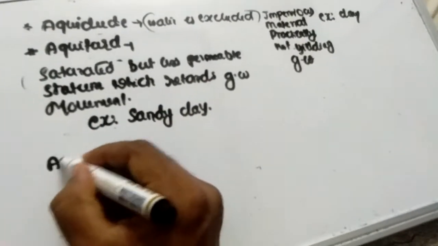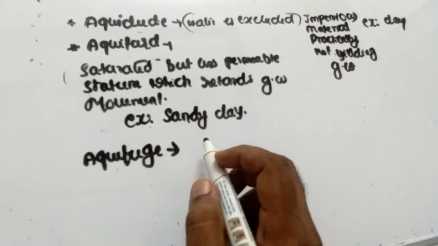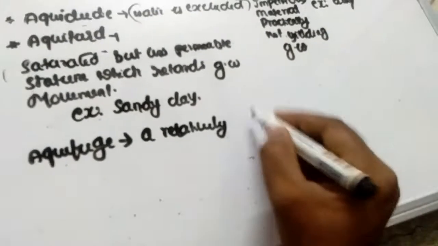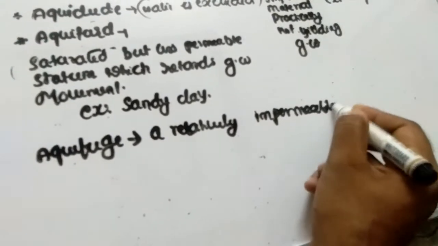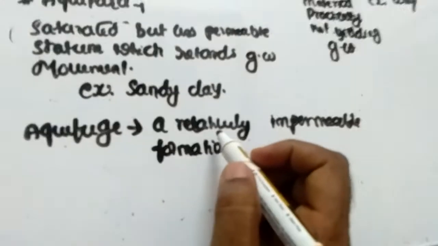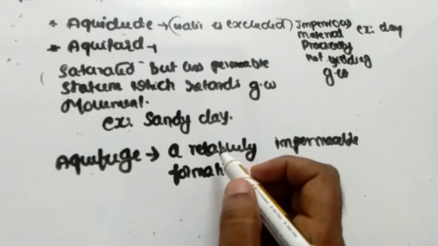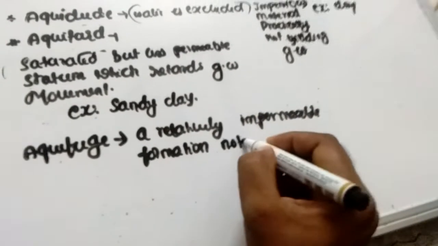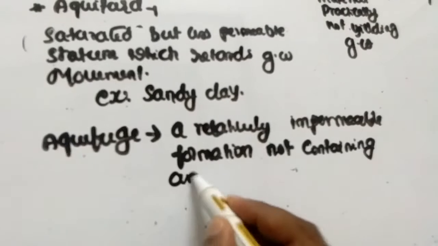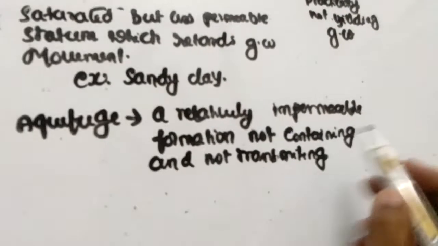Next is aquifuge. This is a relatively impermeable formation, not containing and not transmitting water.